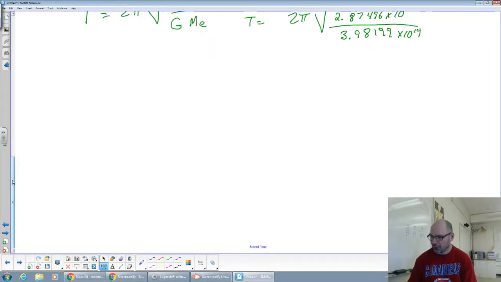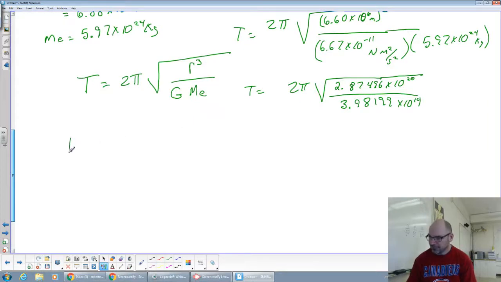Okay, continuing on with our number crunching. T equals, okay, we're going to divide those two out. 2 pi square root of this division. So 2.87496 scientific notation 20, divided by 3.98199 scientific notation 14.